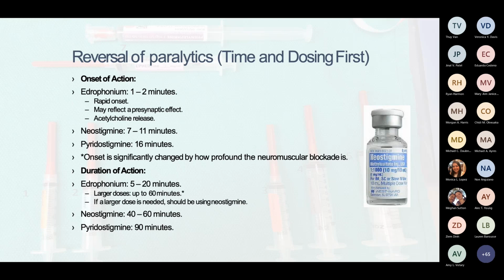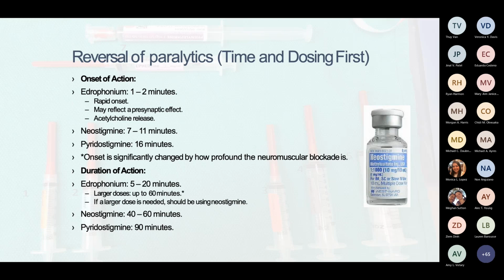A lot of times if I have a patient that got some sort of paralytic up front for induction and it's been 30, 45 minutes, I've got 4 out of 4 twitches, I'll pretty comfortably go ahead with neostigmine. On the other hand, if it's pretty recent since they got a dose, I may consider going with Sugammadex instead, just because I get a little bit better reversal with it. But you've got to look at your patient and everything else.